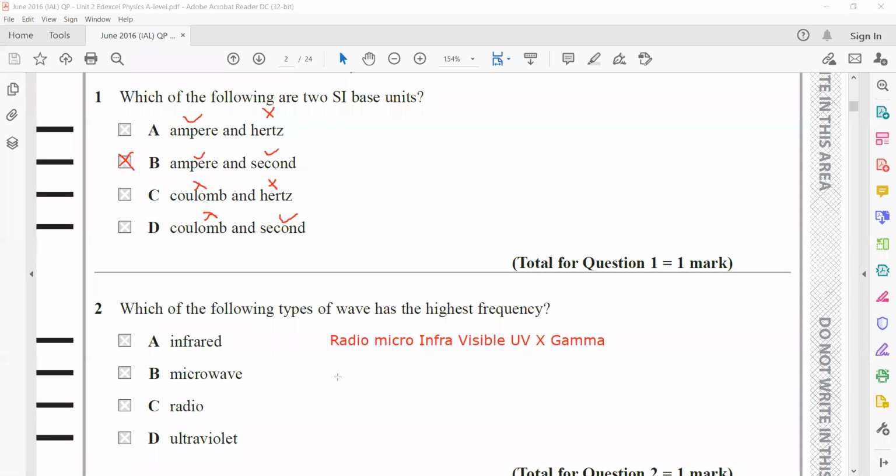When we move from radio to gamma, we observe the frequency will increase and the wavelength will decrease. So we have the options infrared, micro, radio, ultraviolet. Ultraviolet has the highest frequency.